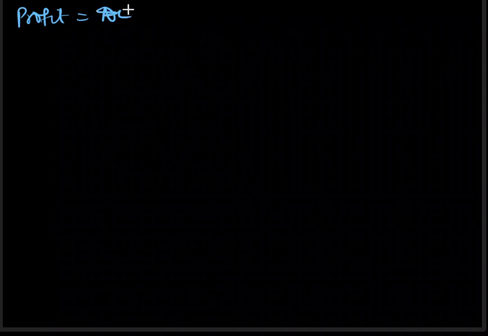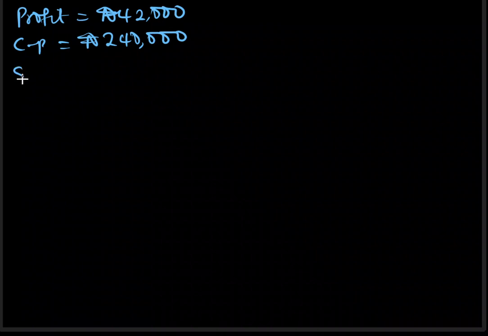So our profit is equal to 42,000 naira, and then our cost price is equal to 240,000 naira. So our selling price, the formula is the cost price plus profit. So we are finding the bigger quantity.